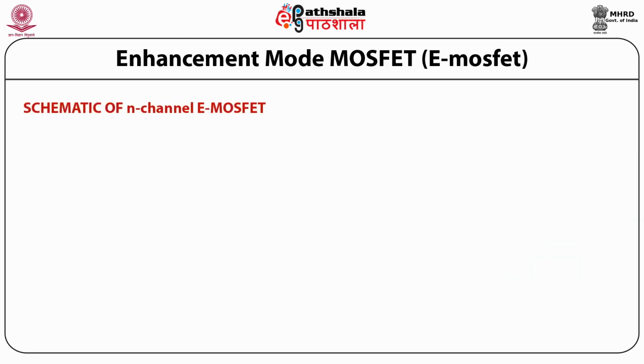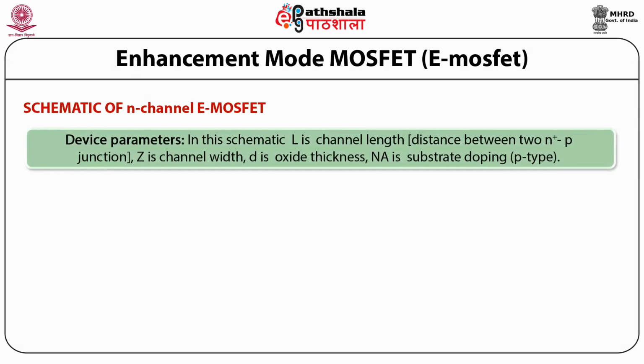Students, now there are some important parameters in order to characterize the device. In this schematic, L is the channel length, or we can say the distance between the two N+ P junctions. Z is the channel width, d is the oxide thickness, and Na is the substrate doping, which is usually p-type.